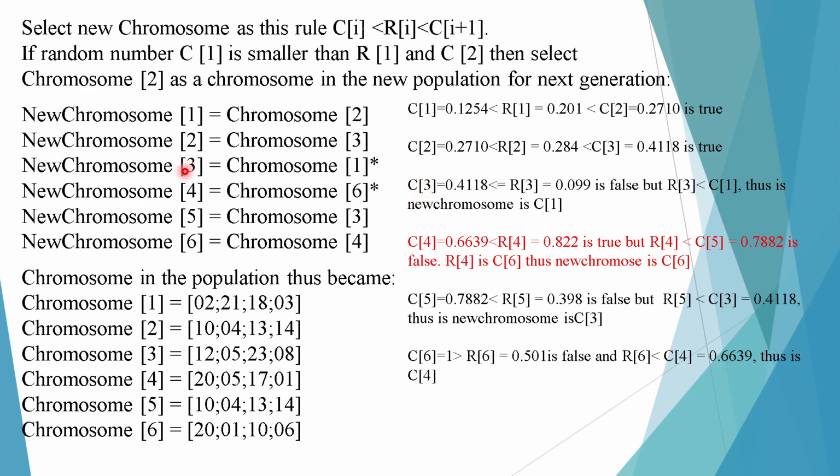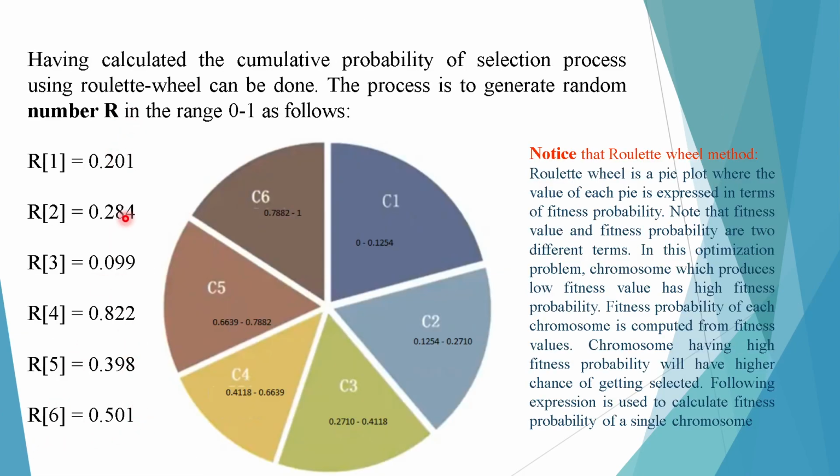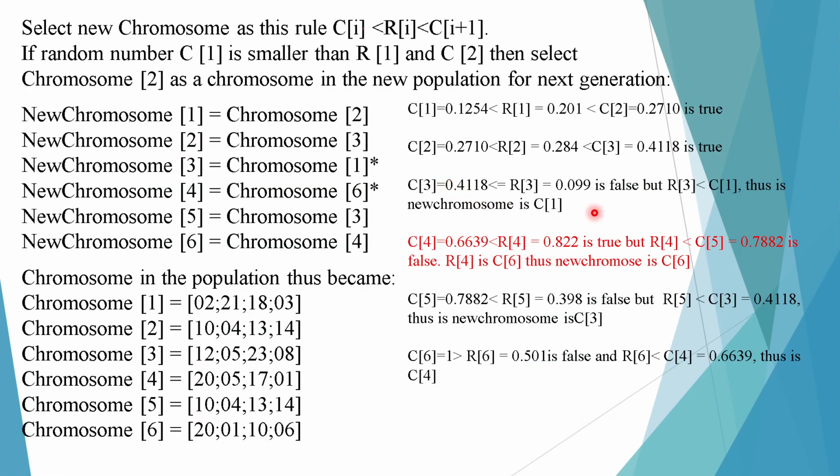Now we look at assigning the new chromosome 3. The C3 value is 0.4118, and it is false, because 0.4118 is not less than the value of R3, which is 0.099. So C3 is not less than R3, so it's false.